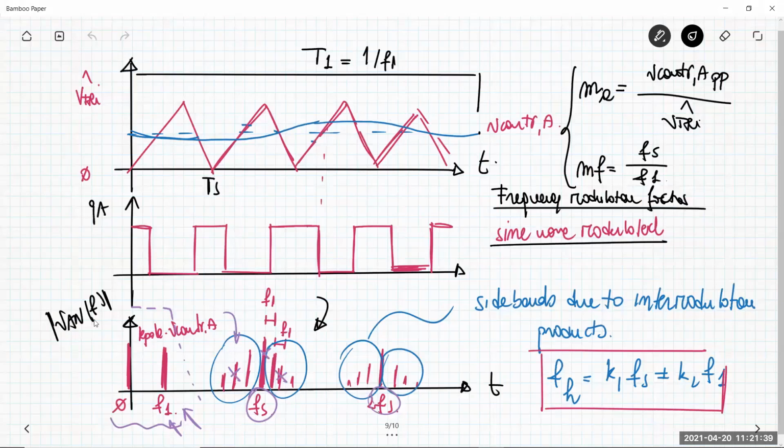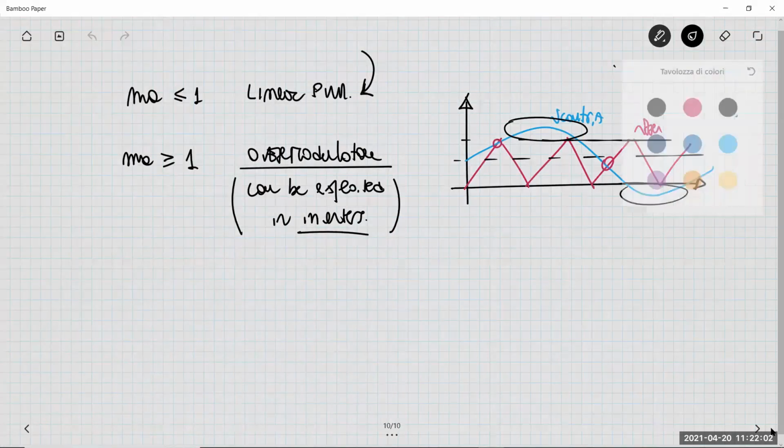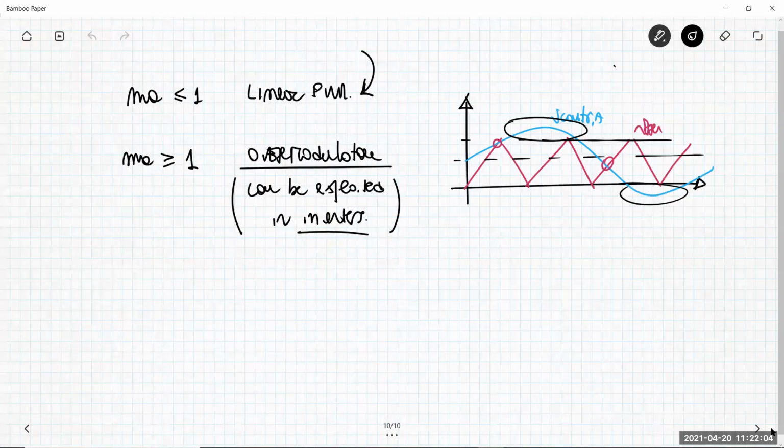So in this sense, it is quite helpful to use a modulator that, just mathematically, induces a spectrum which is not too complicated. This reasoning leads, for this kind of application, to the use of a carrier signal, this triangular wave, which is done in this way.